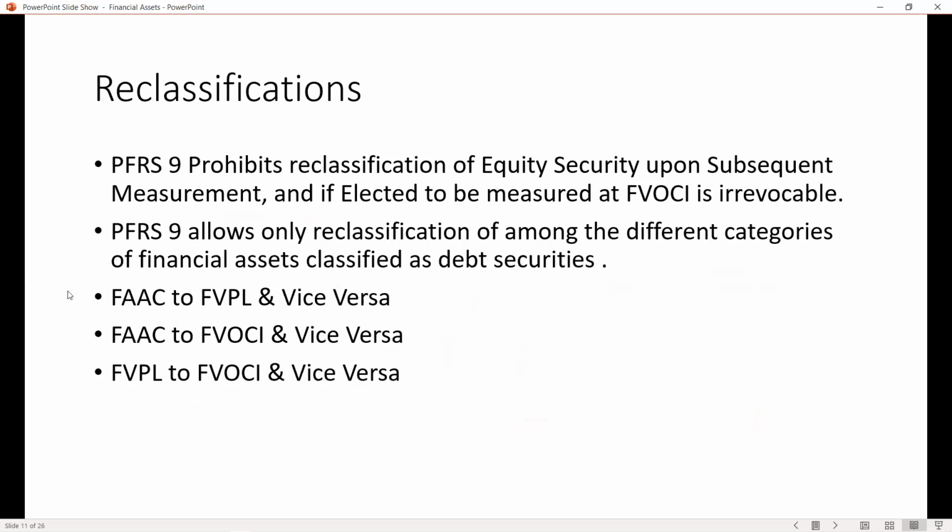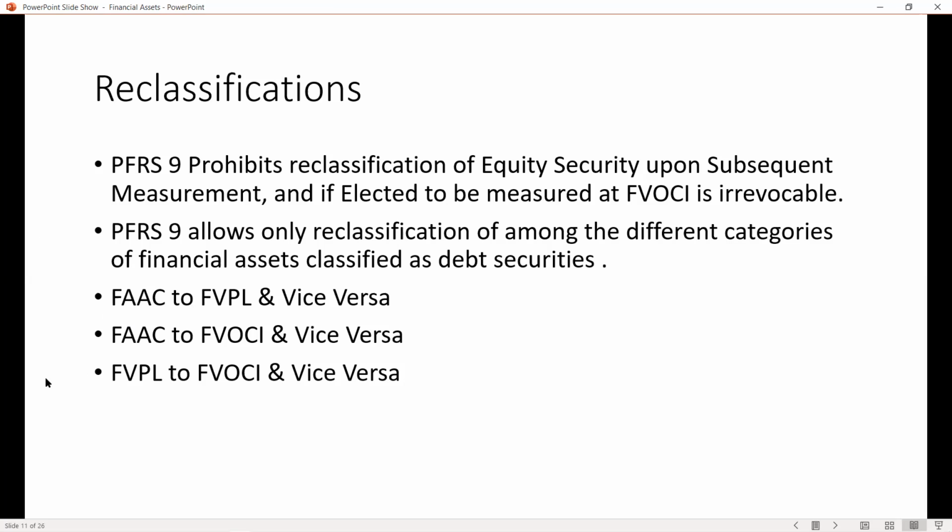Okay? So what we have here also is under PFRS 9, it allows only reclassification among the different categories of financial asset classified as debt security. So only si debt security lang yung ina-allow ni PFRS 9 na magre-reclassify. So if financial asset through amortized cost reclassified to FVPL and vice versa, FVAC to FVOCI and vice versa, and FVPL to FVOCI and vice versa.